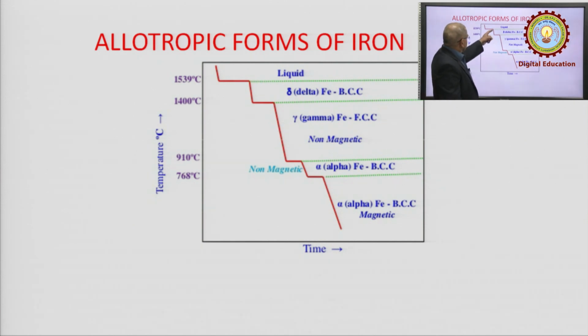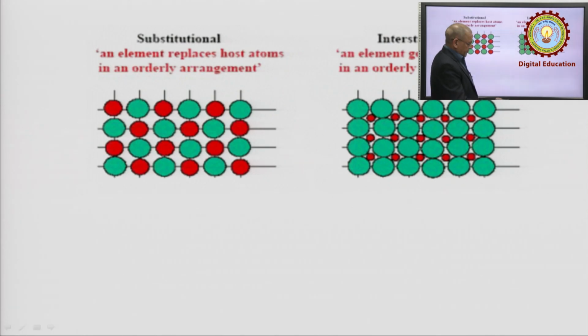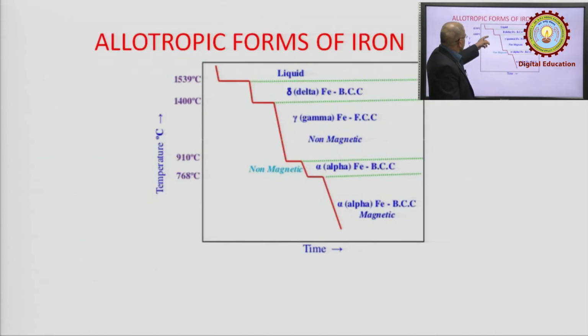After this point, when the material has turned completely solid, the fall in temperature occurs, but again a rest point occurs at a temperature of 1400 degrees centigrade. If you see the structure here, this is delta iron in BCC. BCC means body centered cubic structure.